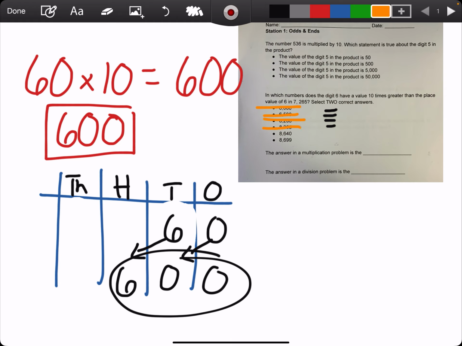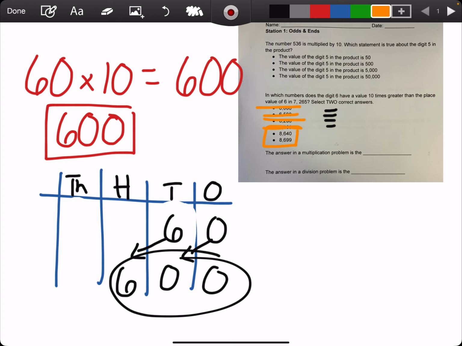The 6 in the next one is in the tens place. 8,640, the 6 is worth 600. And 8,699. Both of those, the last 2 choices, the 6 has a value of 600. You can go back and rewatch that if that is still confusing you, but I think I laid that out pretty clearly.